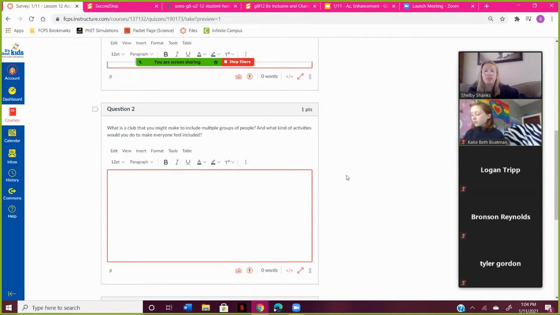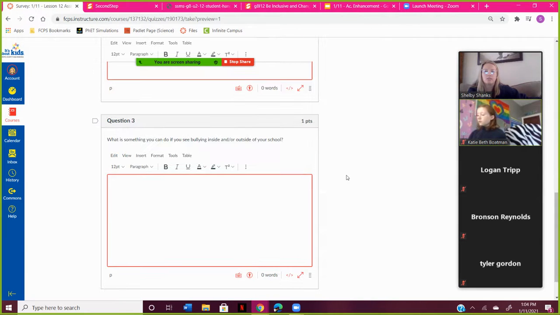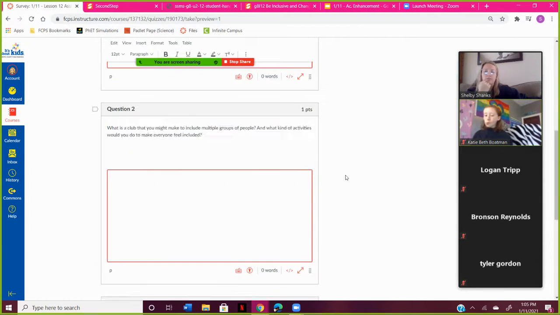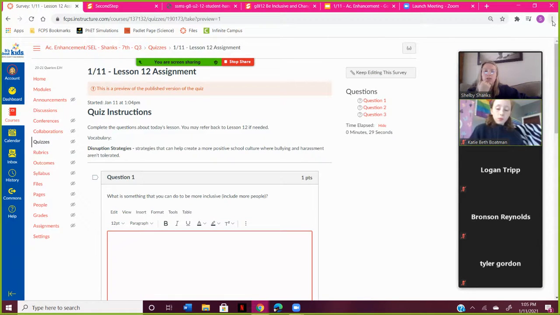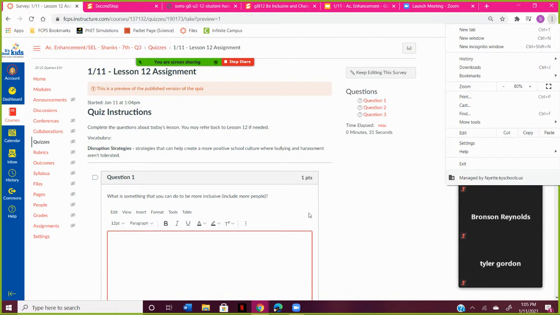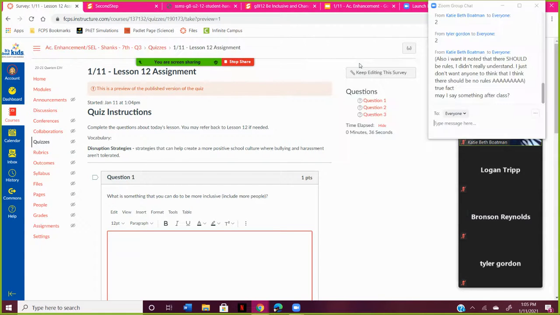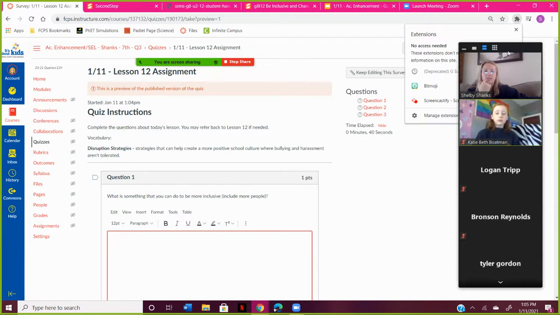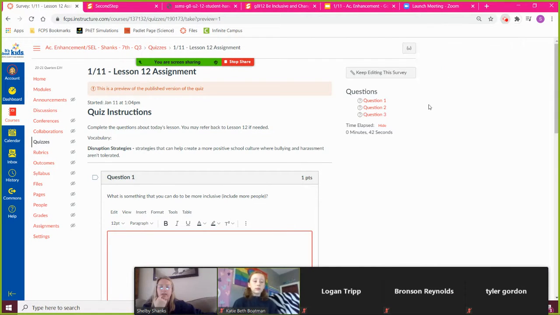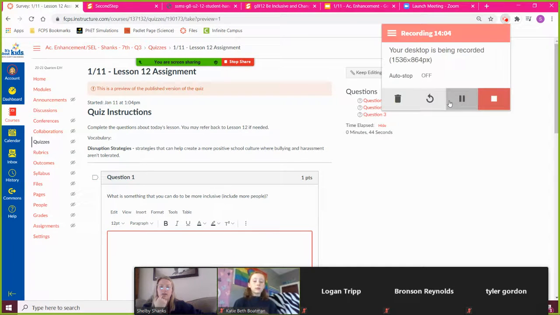Think of a club you might make to include multiple groups of people and the kind of activities you would do to make everyone feel included. And then what is something you can do if you see bullying inside or outside of your school? This is kind of just going off of what we learned today and thinking about what you can do in your own school. All right, I'm going to stop the recording. If you guys have any questions, just let me know.